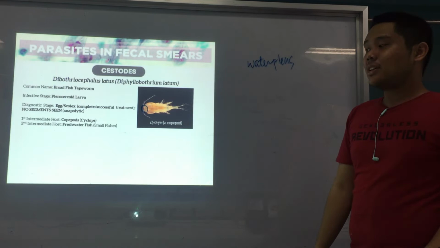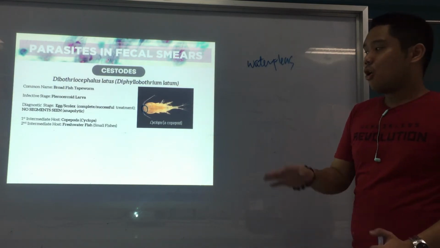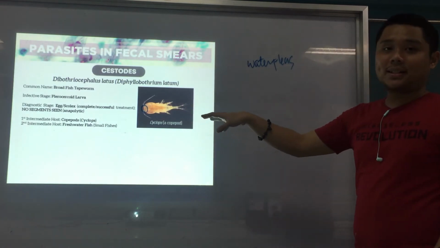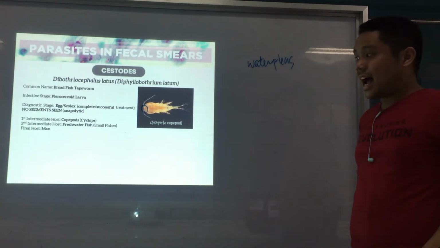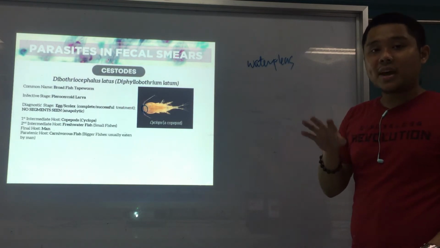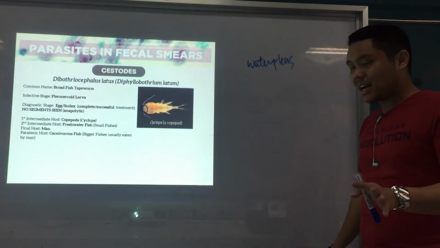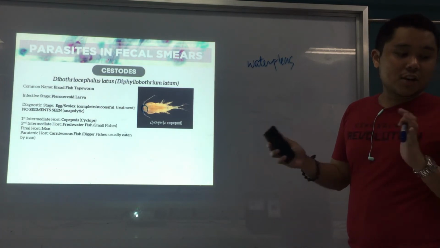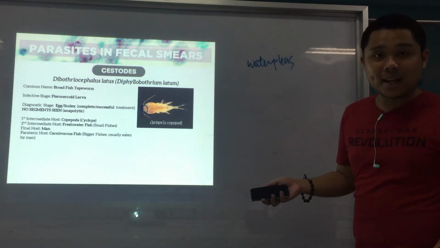And its second intermediate host now is your freshwater fish or your small fishes, because your freshwater fish will eat these copepods. And the final host is man, but it can also have a paratenic host. So what do you mean by paratenic? It's a host that harbors the parasite that cannot undergo further development.